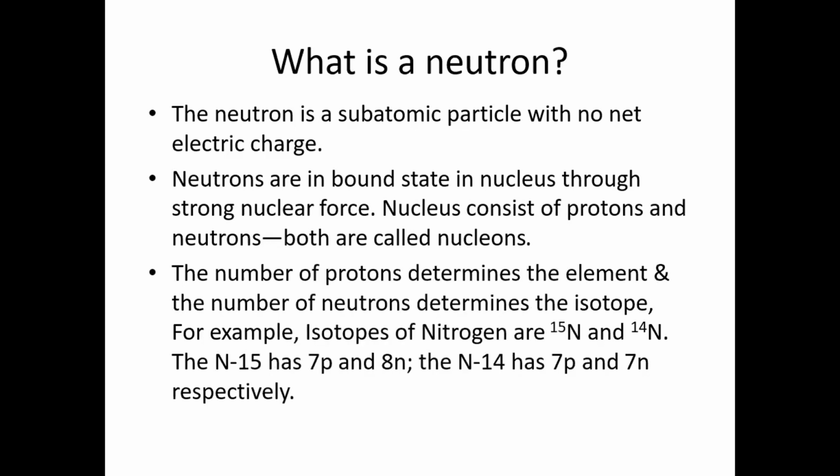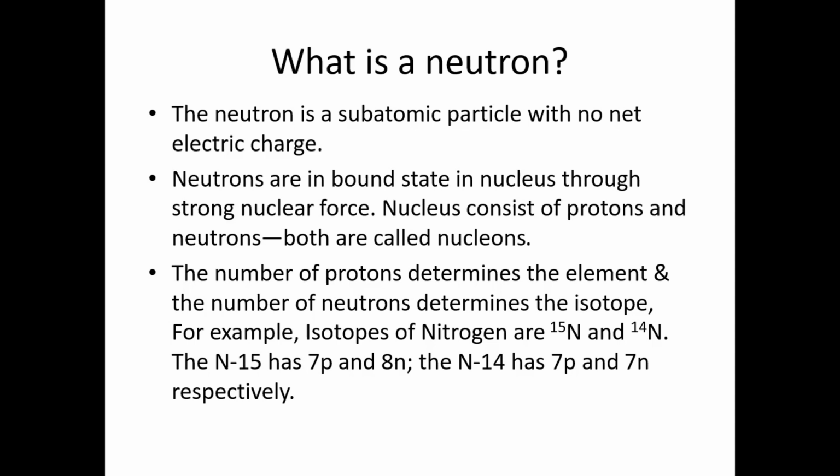The number of protons determine the element, and the number of neutrons determine the isotopes. For example, isotopes of nitrogen are nitrogen-15 and nitrogen-14. Nitrogen-15 has 7 protons and 8 neutrons.